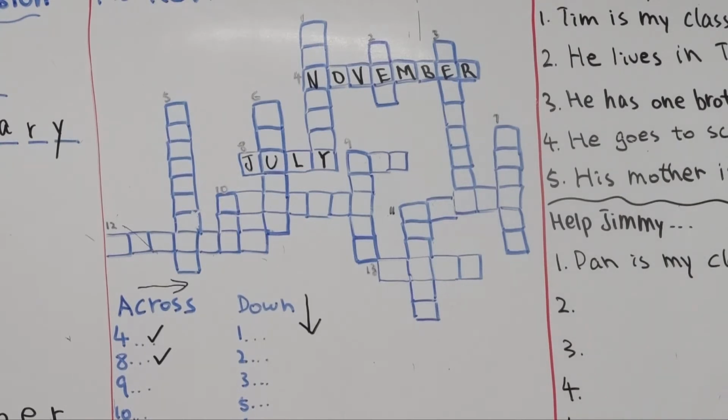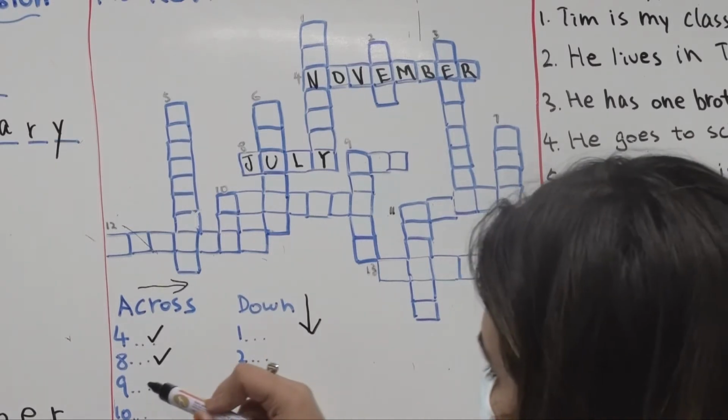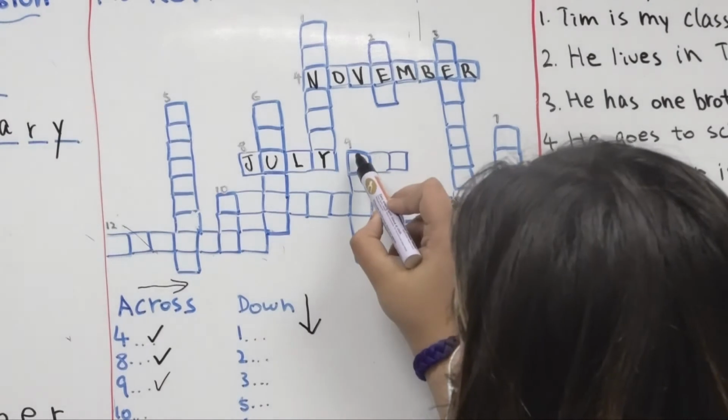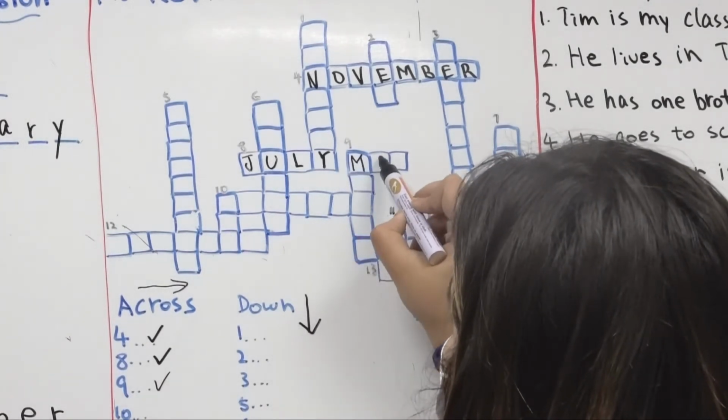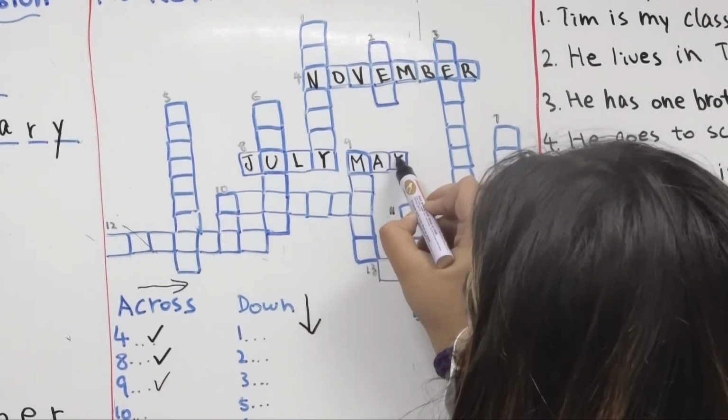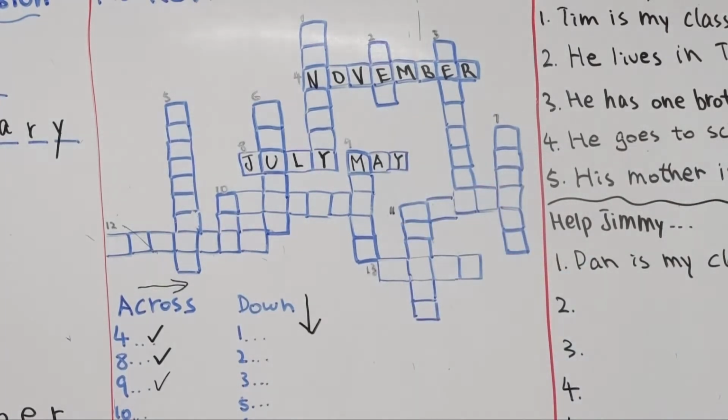So the month before June is the 5th month. Month number 5 is May. Good job. How do we spell that? M-A-Y. May, alright?